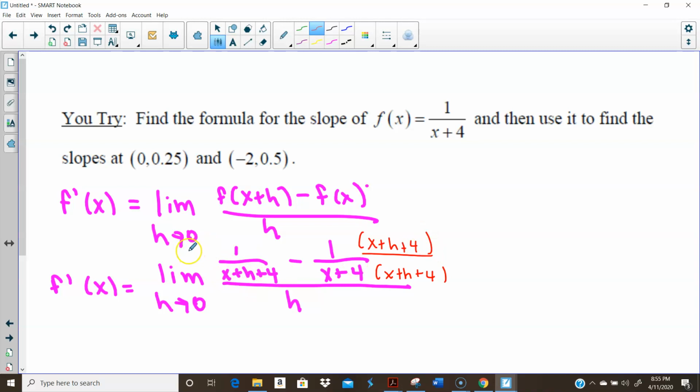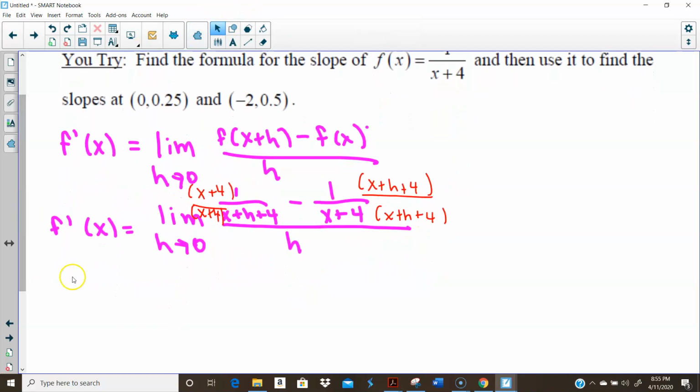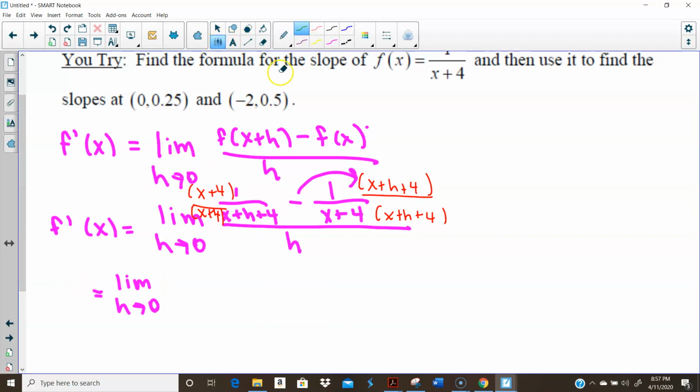And this fraction, I'm going to multiply the top and bottom by x plus 4. And I'm doing that because I want a common denominator. So now, when I have a common denominator, let me scroll down, I really need more room. Okay, let's see what we have.